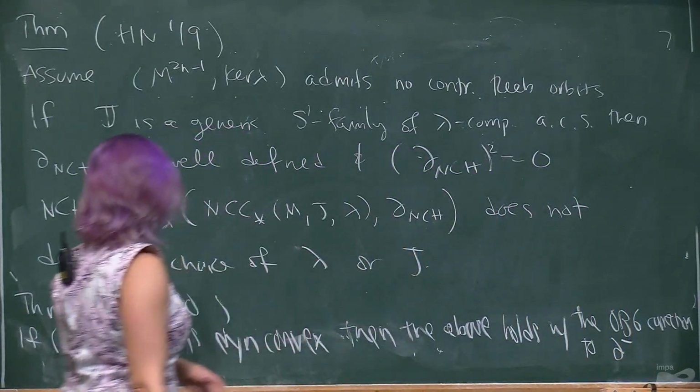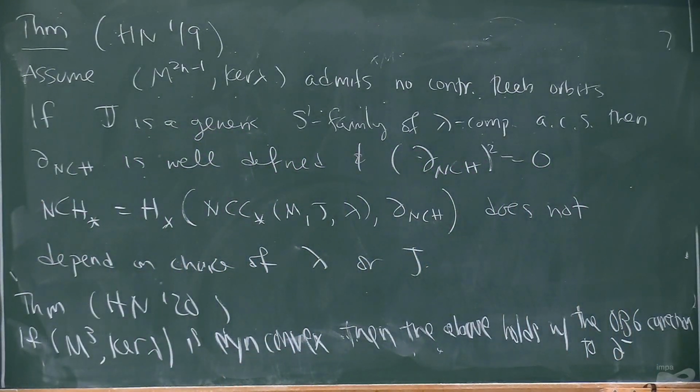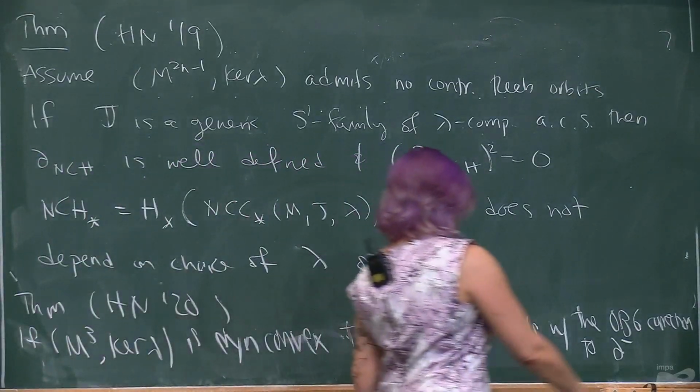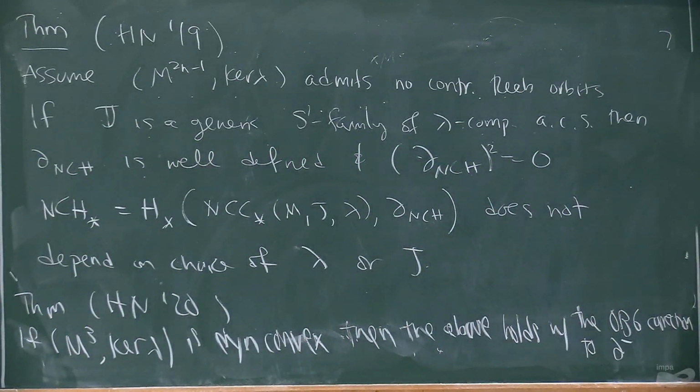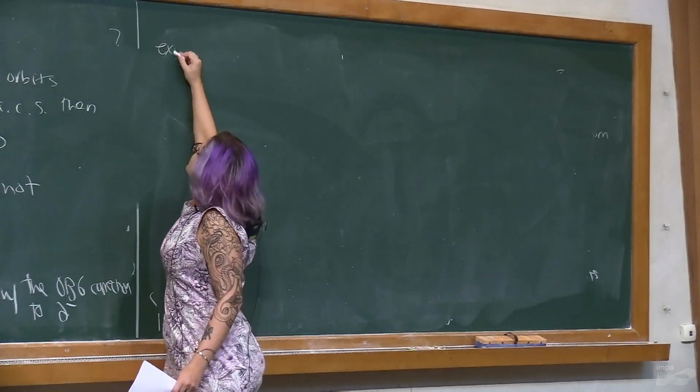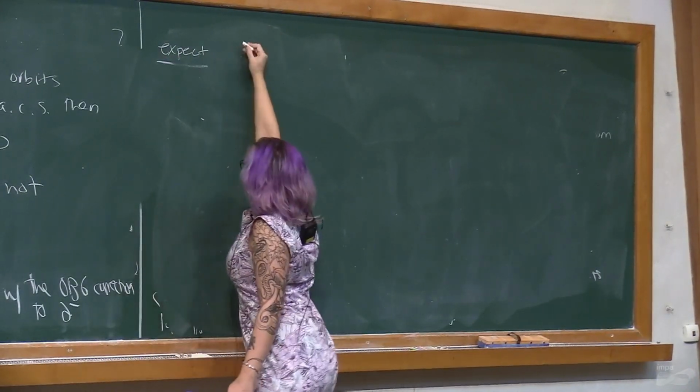And then it's expected that if your contact manifold admits a symplectic filling, then this non-equivariant contact homology should be isomorphic to the positive part of symplectic homology. But this isn't proven.